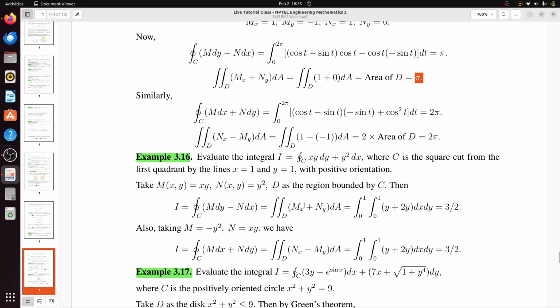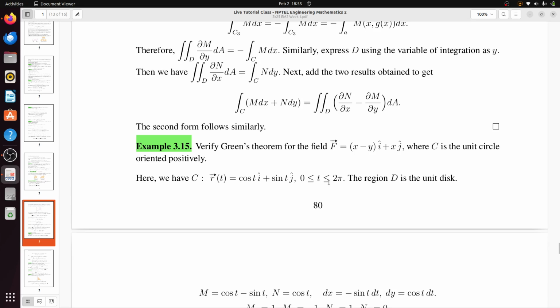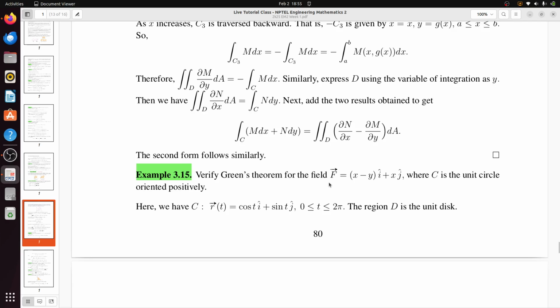I think there is a bit of a problem here. Just wait, give me time to check it. Your m is y square, m dx, your n is xy. M dx plus n dy.